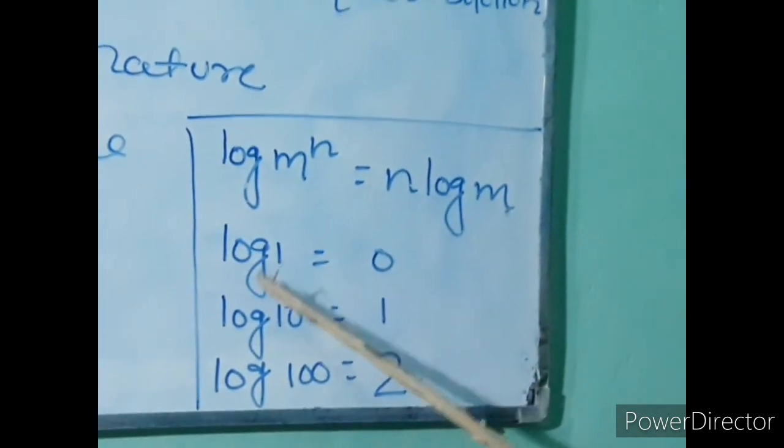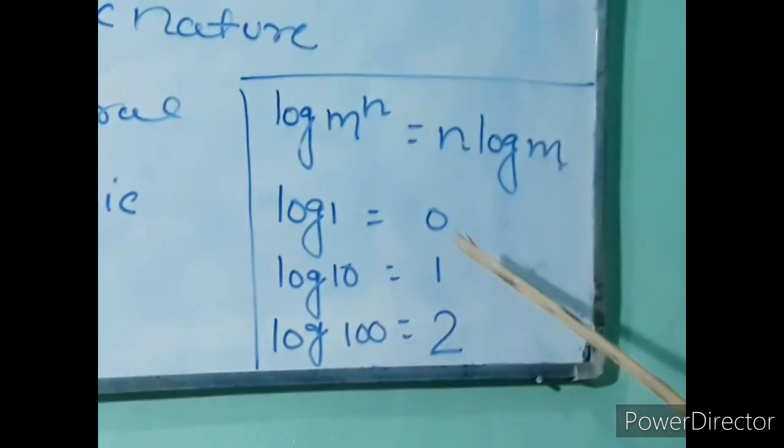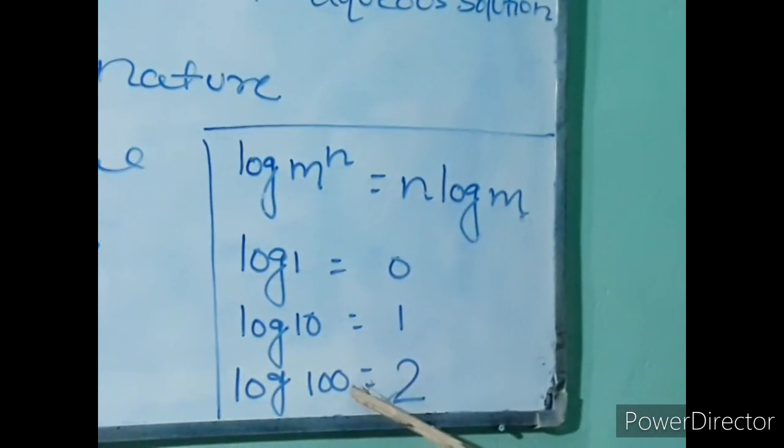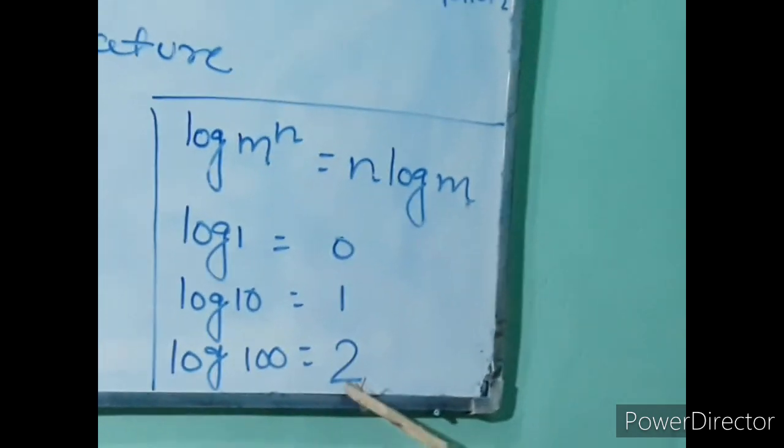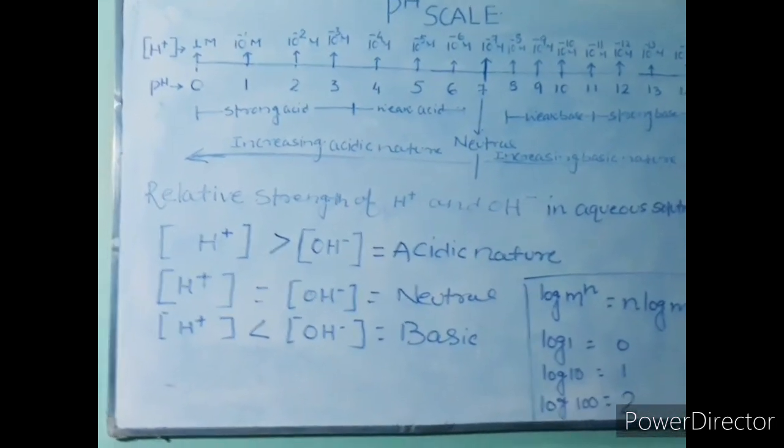And log 1 has a value 0, log 10 has a value 1, log 100 has a value 2. If you keep this much in mind, then it will be easier to solve the numericals. So let us apply it to a numerical.